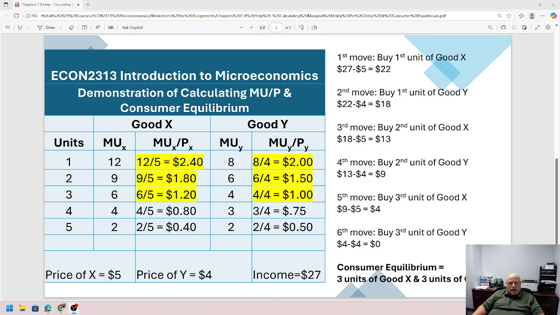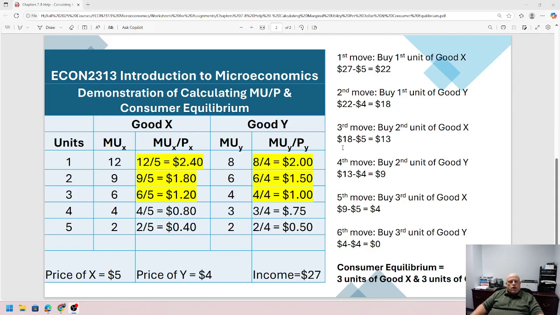The second unit of good X has a value of $1.80, while the second unit of good Y is only $1.50. So our third move is to buy the second unit of good X, and when we do that, we take $18 minus $5 for that purchase, so we have $13 left.